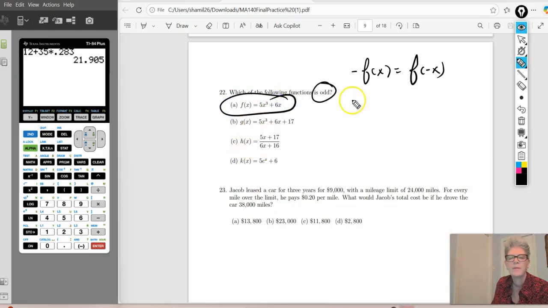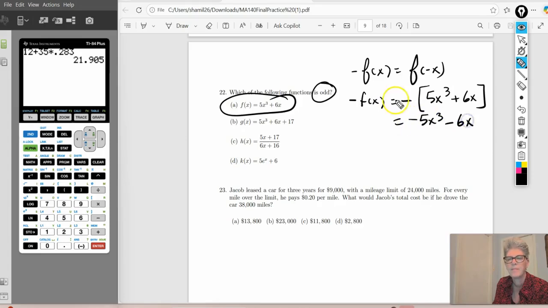It's going to be that, because that's going to be, well, you negate everything. And apply the negative sign to everything. And then that's going to be, everywhere there's an x, you replace it with negative x in the formula.